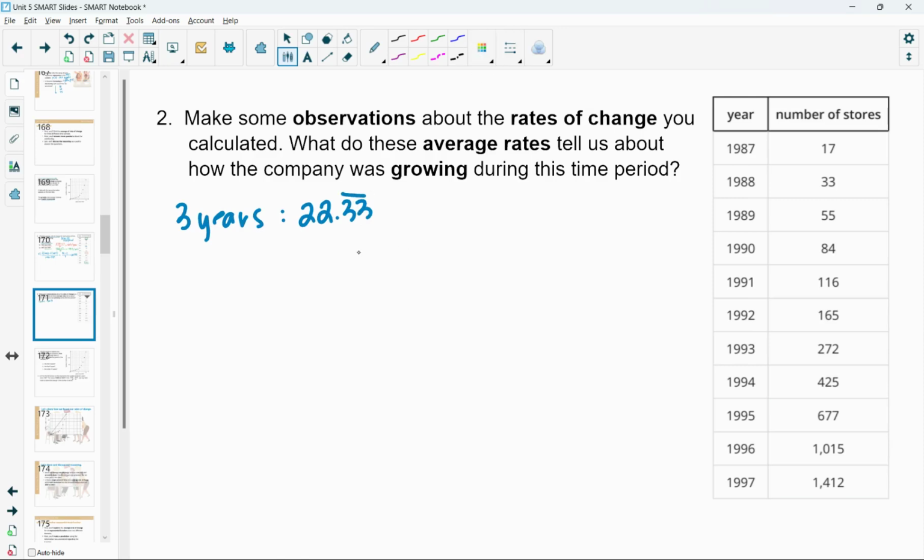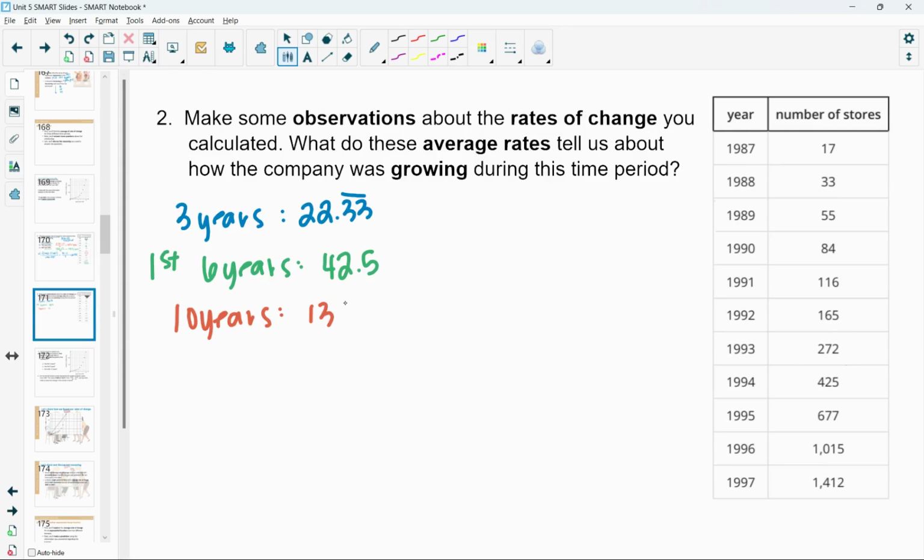And then in the first 6 years, it was 42.5 stores per year. And then in the first 10 years, it was, what was it?